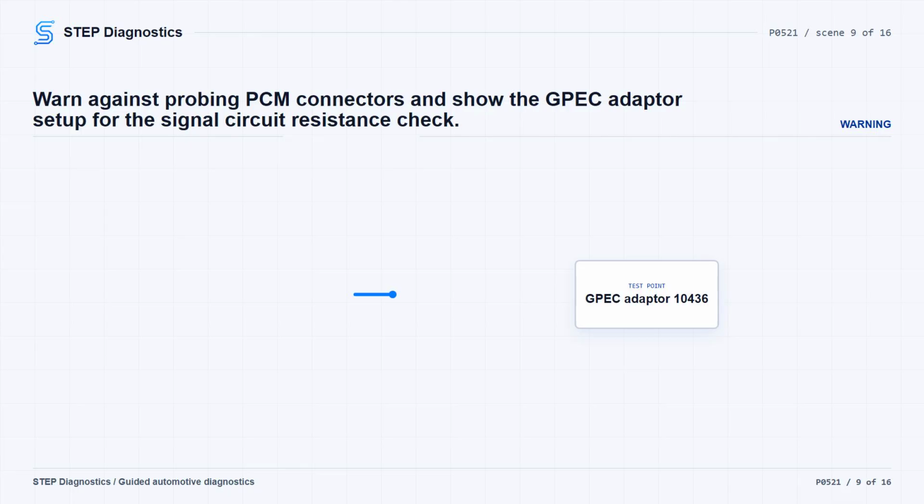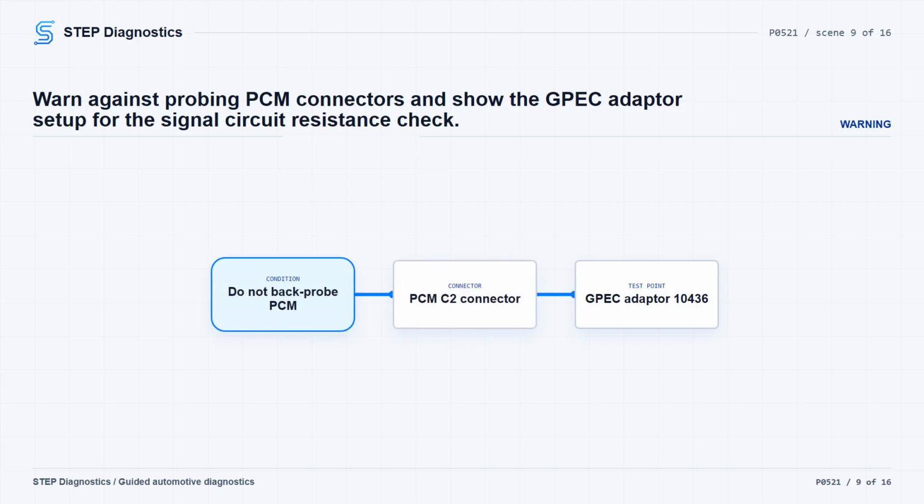For the circuit checks, do not probe the PCM harness connectors. That can damage the PCM terminals and create a poor terminal-to-pin connection. Use the GPEC diagnostic adapter for this part of the diagnosis. Turn the ignition off. Disconnect the PCM-C2 harness connector and connect adapter GPEC Diagnostic 10436.